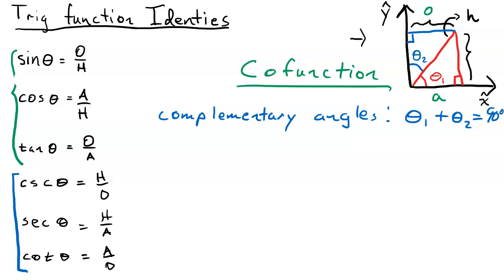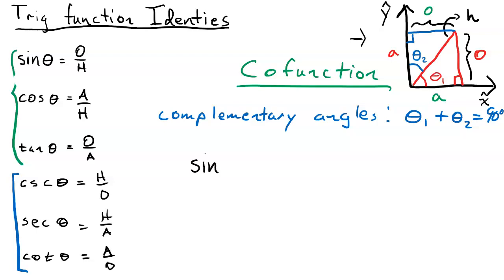Similarly, we can look at the y-axis distance that I've drawn, and we can say that this is opposite of theta 1, but it's adjacent to theta 2.